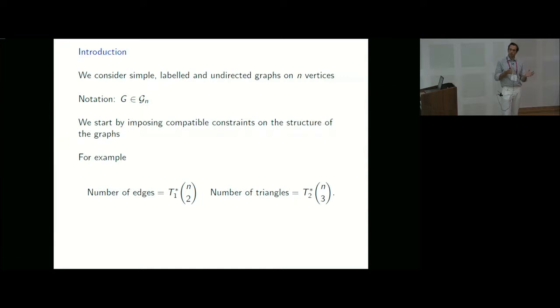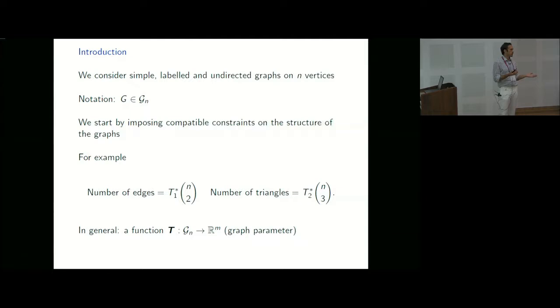And I will consider this model of edges and triangles because this is the simplest model which has a rather complicated behavior. In general, you can also consider more general constraints, but I will keep it on this simple framework to make the notation a little bit lighter. So in general, as I said, our observable or our constraint will be a function from this space of graphs to R^m.